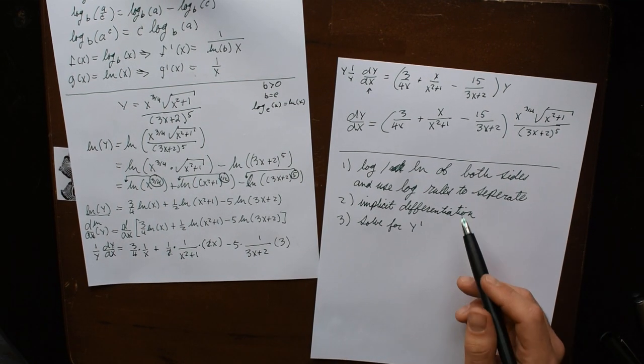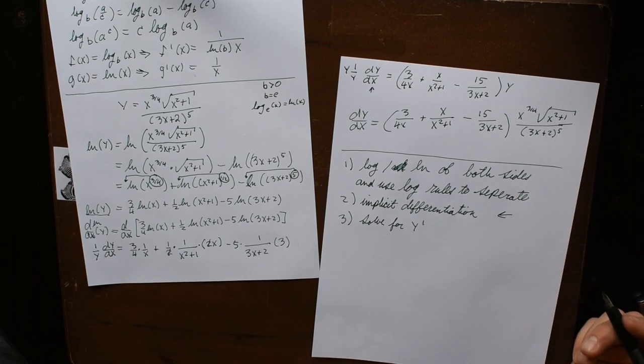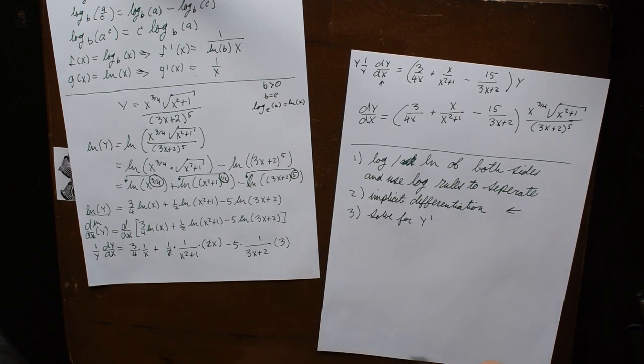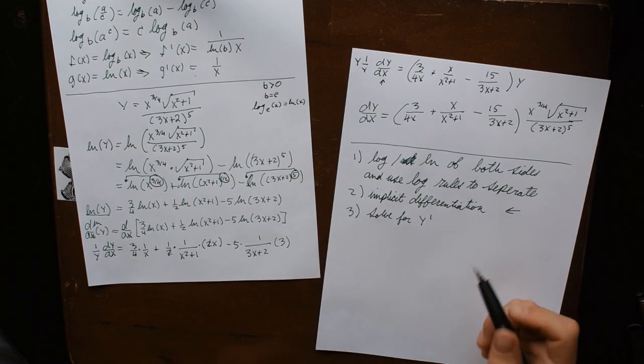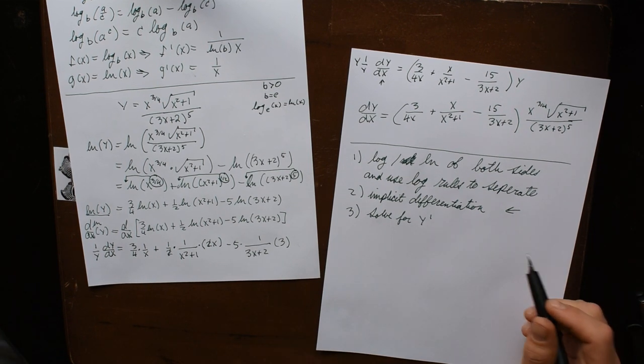So really the only thing we're doing, we're taking implicit differentiation, something that you guys know now, and we're just taking the log of both sides of an equation to help accordion things out.